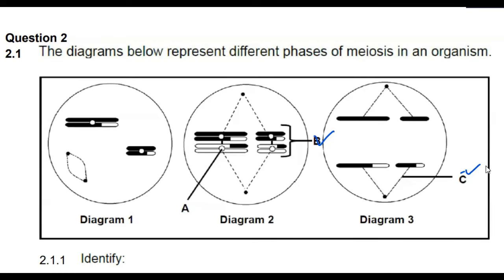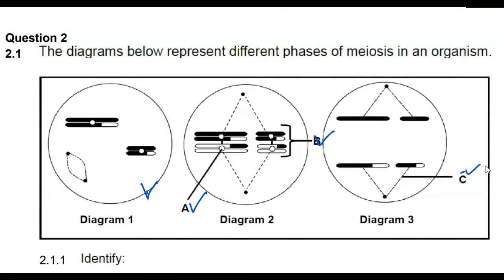The joint between two chromatids of the same chromosome is a centromere. And then diagram A, what does diagram A represent? Because the chromosomes are starting to form, it can represent prophase, prophase 2.